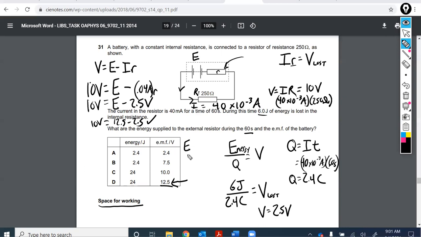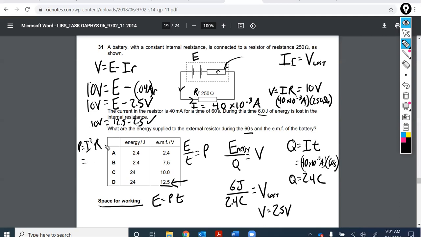So energy per time is power. So we could calculate the power here, because we know the current, we know the resistance, so we could use something like I squared R to get power, and calculate the energy because we know the time is 60 seconds. So the energy in the external resistor is power times time. What's the power? Well, I squared R, right?